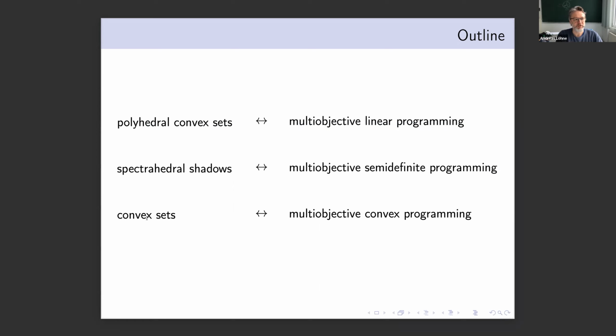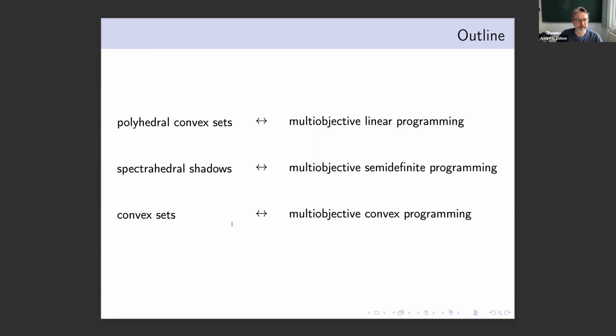The most general level is convex sets and multi-objective convex programming, and in between it is maybe also interesting to say some words on special convex sets, spectrahedral shadows, and the corresponding optimization problem, multiple objective semi-definite programming. I will start with the polyhedral setting and then go ahead to the more general settings.